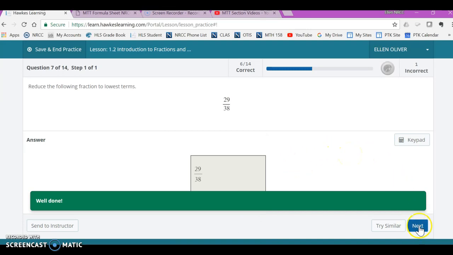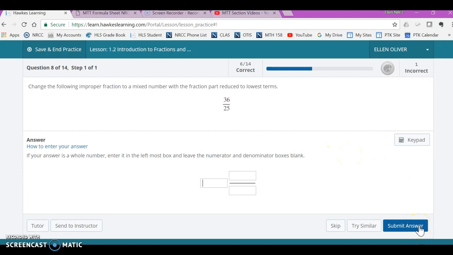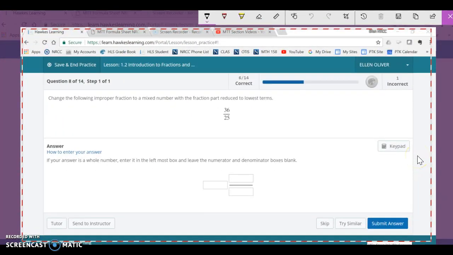All right, so next. Now I need to change. I can see that this is improper because 36 is bigger than 25. So I need to know how many times does 25 go into 36. So I am doing this long division, everybody's favorite. Well, how many complete times does 25 go into 36?